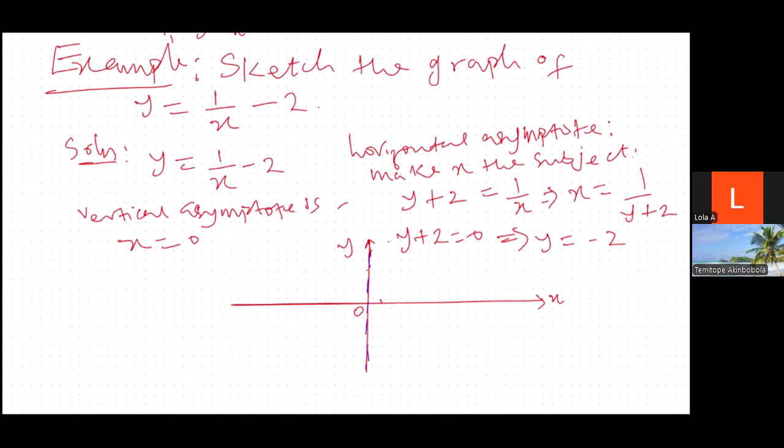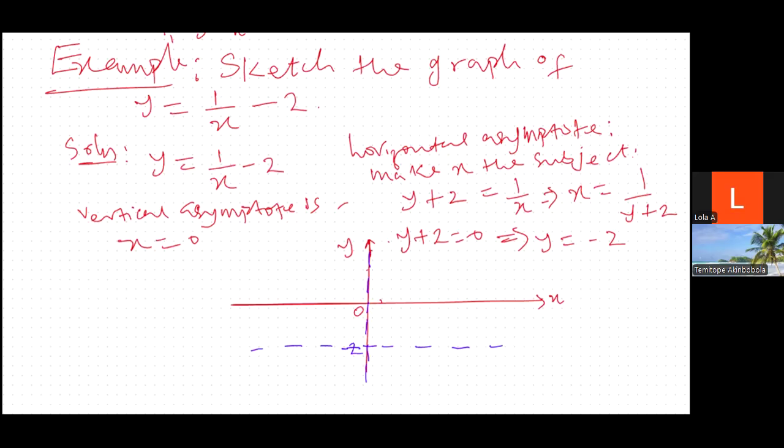You get that now? Now, the horizontal asymptote, we said, is y equals minus 2. So this is y equals minus 2. So the horizontal asymptote will now go this way. Is that understood?